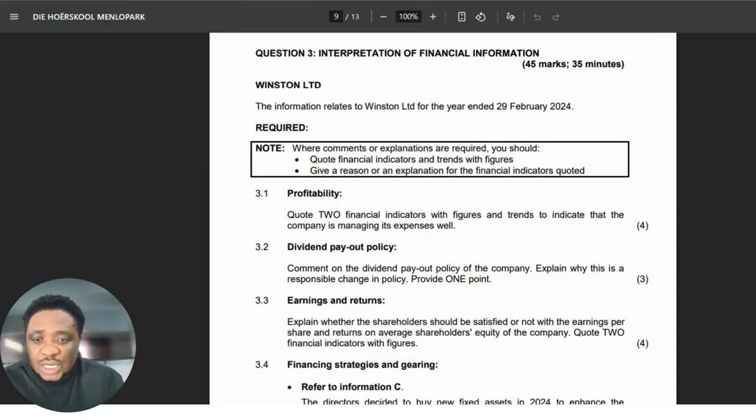So the first question is based on profitability, and we should know what our profitability ratios are. It says quote two financial indicators with figures and trends to indicate that the company is managing its expenses well.